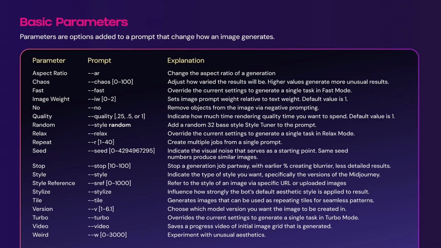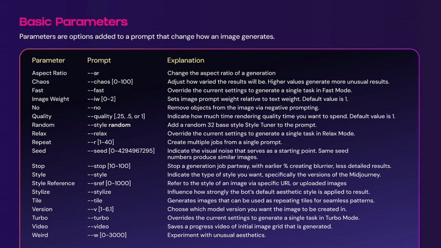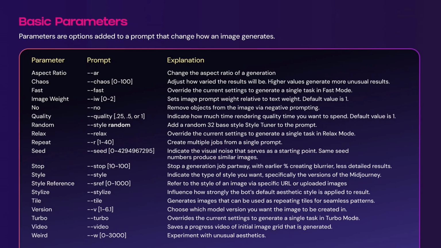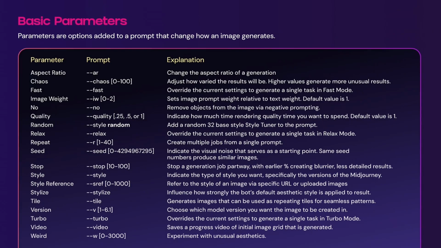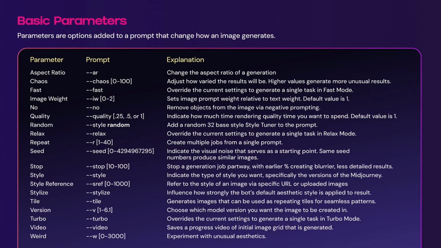There are things like aspect ratio, or if you hit --AR and then input whatever resolution or aspect ratio you want to do. And you have things like style, where you can indicate the different style you want specifically for the versions of Midjourney. You'll have style reference, which is a very useful one, which is --sref. And this really refers the style of an image through a specific URL or an uploaded image.